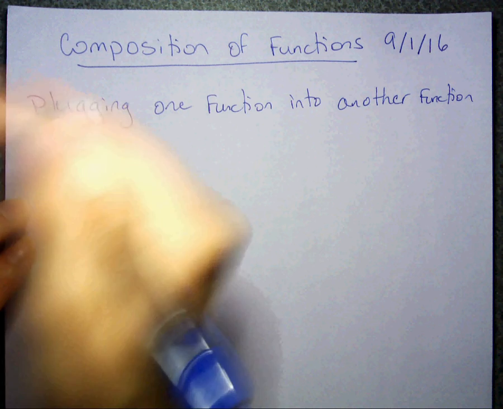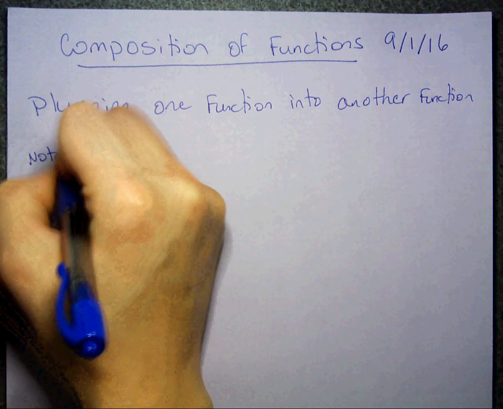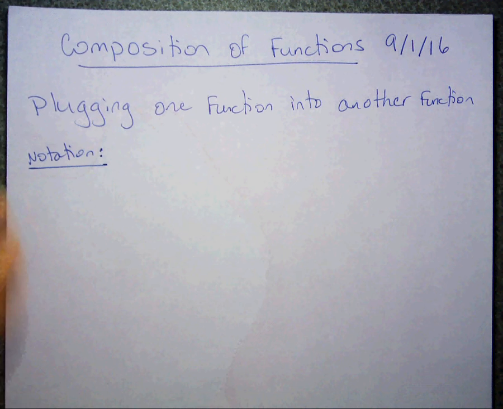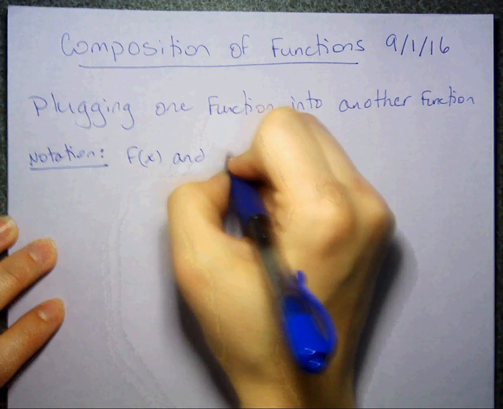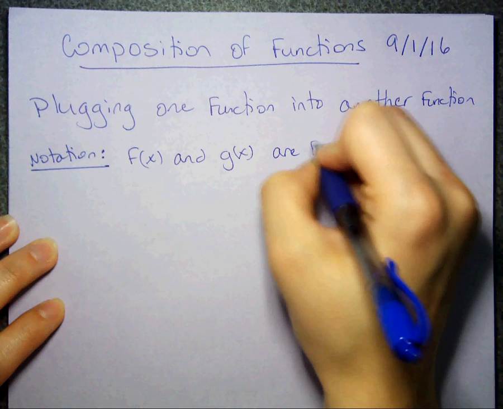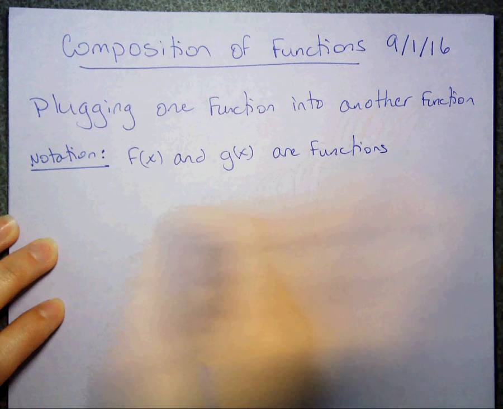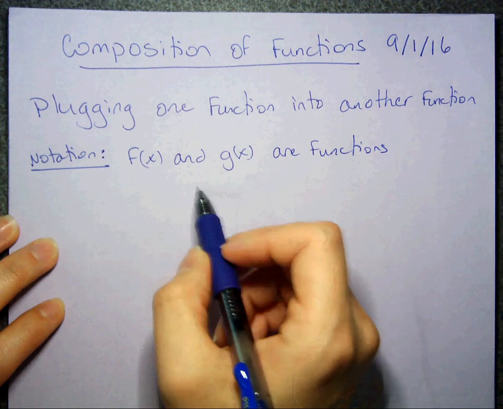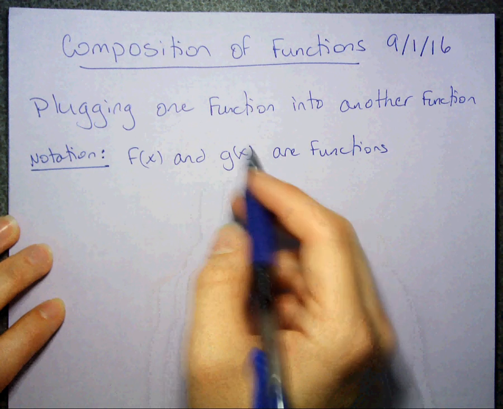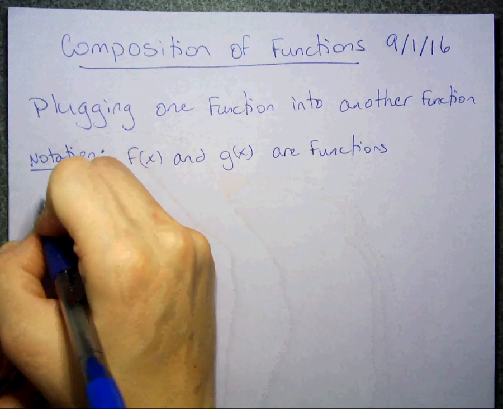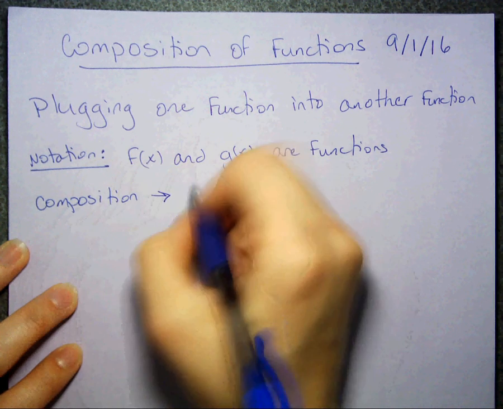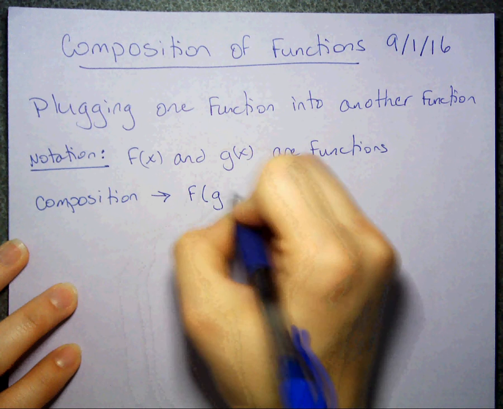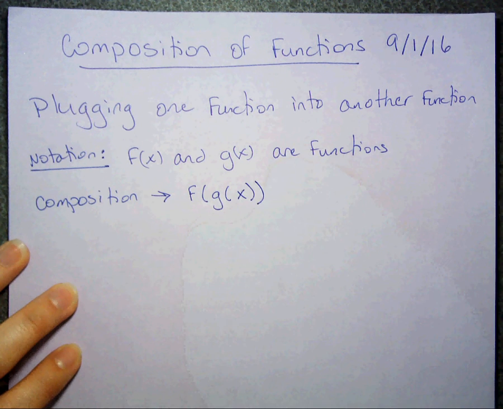And the notation for that, how am I going to know I'm asking you to do that? If we have two functions, f of x and g of x, and this is our function notation, then the composition of our two functions is f of g of x.